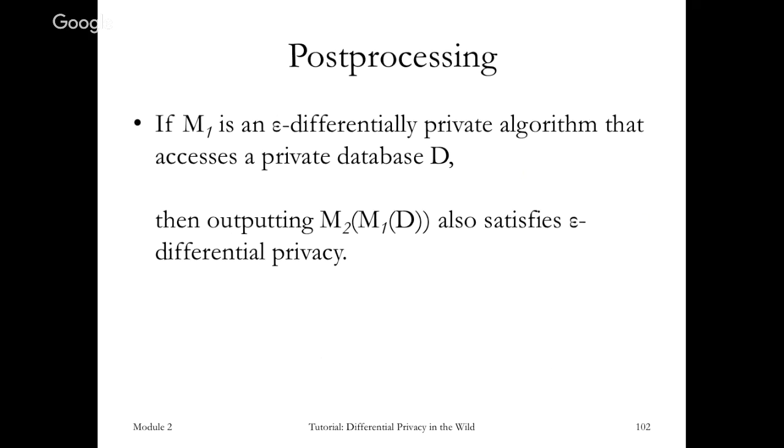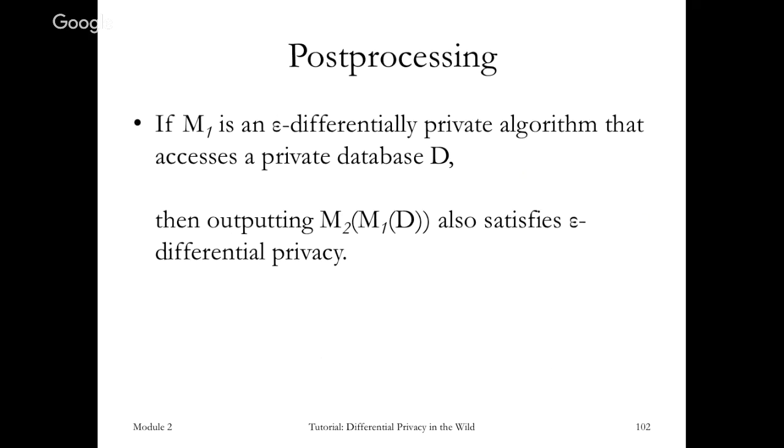And then the final composition result is post-processing. This says that if I have some algorithm that's epsilon differentially private, I can run it on a private database, and then I can do basically whatever I want with the output. I can take some arbitrary algorithm M2, and that algorithm doesn't have to satisfy differential privacy.